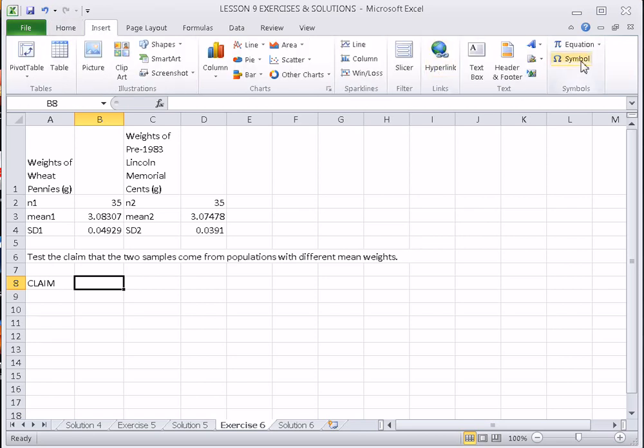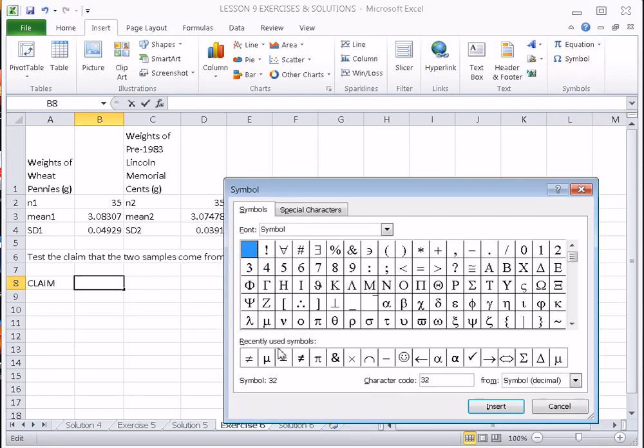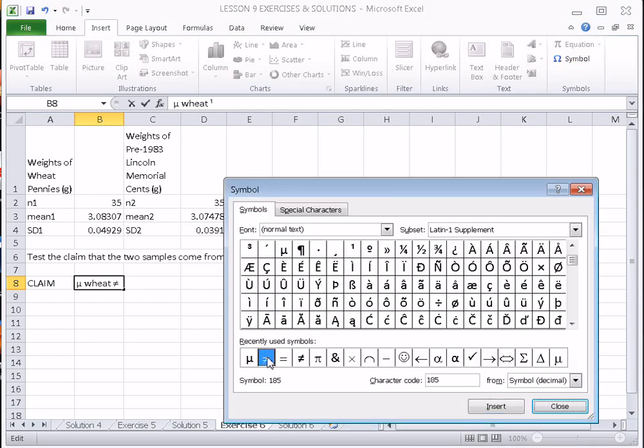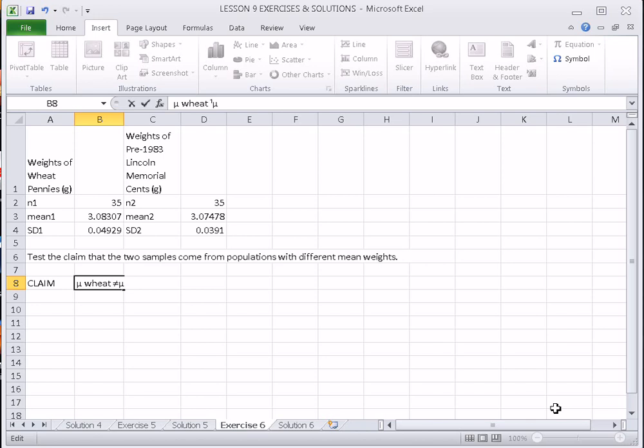So one more time, we're going to insert that the mean weight of, we'll just say, the wheat pennies is different, meaning not equal to the mean of the Lincoln cents.